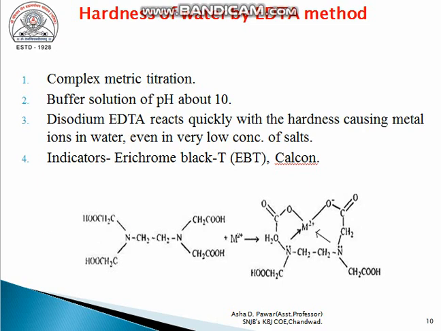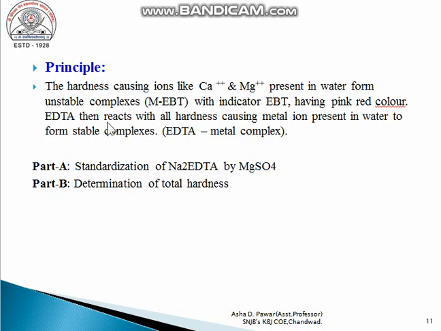Students, what is exactly the principle of this hardness estimation or EDTA titration method? EDTA has a natural tendency to react with hardness-causing metals like calcium and magnesium present in water, and in presence of EBT indicator they form an unstable complex with the indicator EBT having pink red color. EDTA then reacts with all hardness-causing metal ions present in water to form a stable complex, that is the metal EDTA complex.